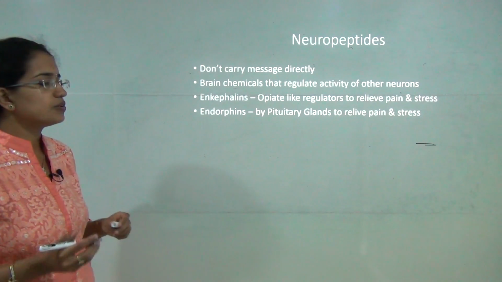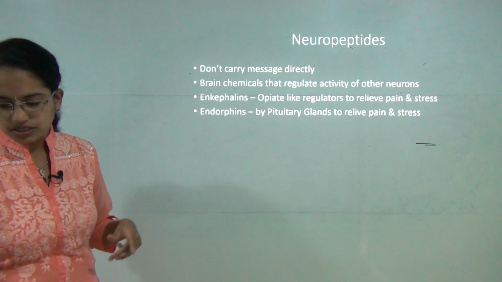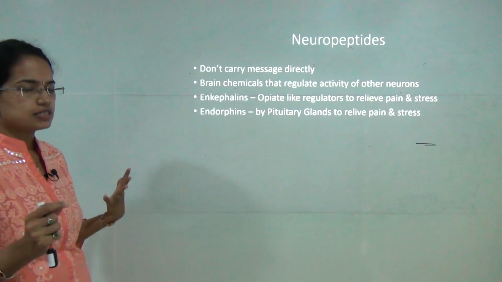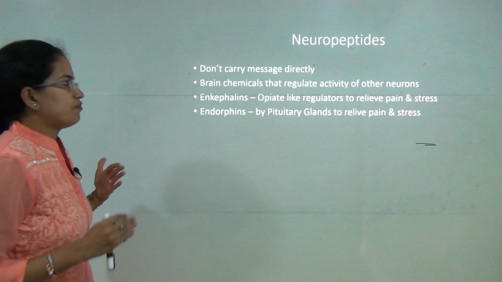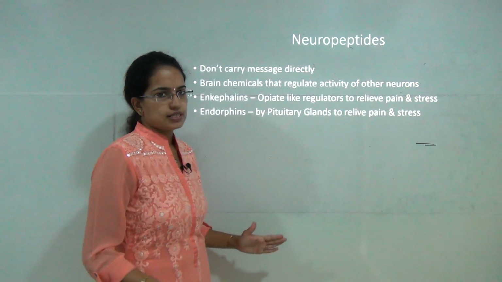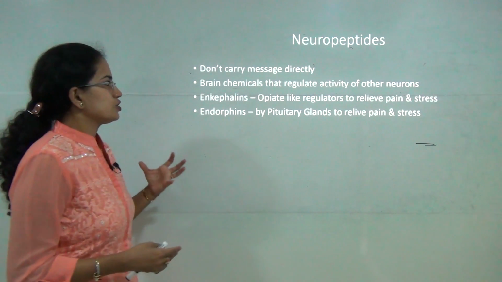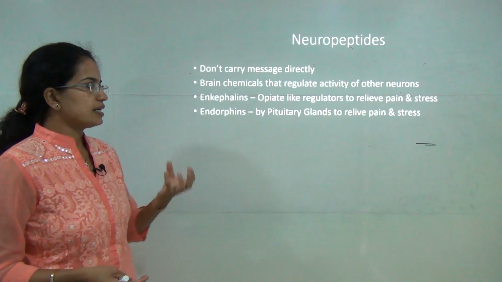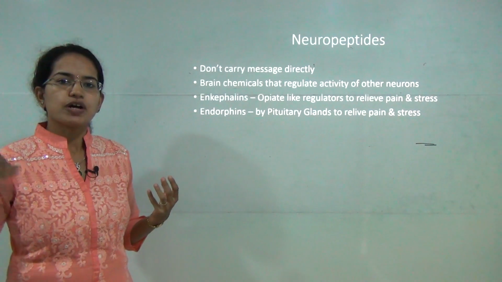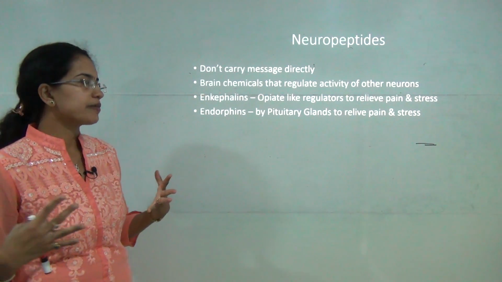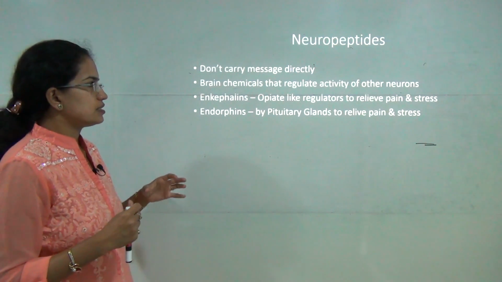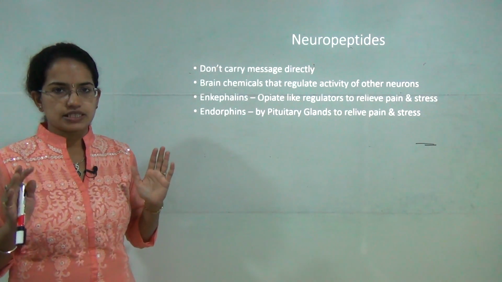Now moving on to some other important terminologies as far as the nervous system is concerned. First of that is neuropeptides. Neuropeptides are brain chemicals that regulate the activity of other neurons that exist in the body. These brain chemicals do not carry the message directly.